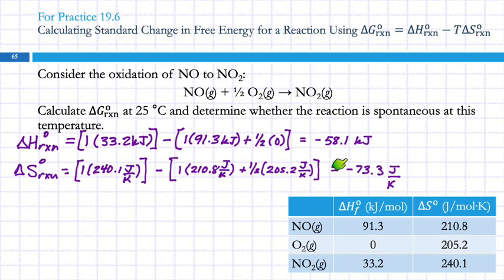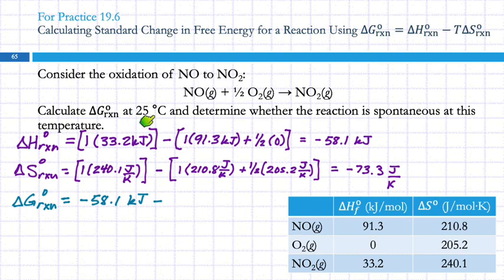We're going to take these values and plug them into this equation. So delta G is going to equal delta H for the reaction, which was minus 58.1 kilojoules, minus the temperature, which needs to be in Kelvin.